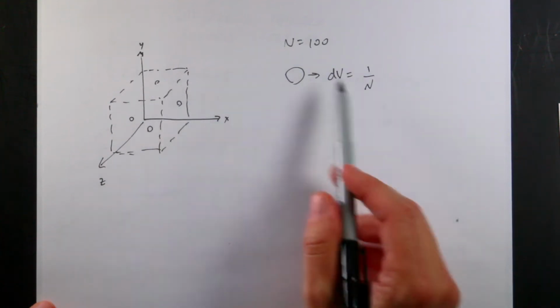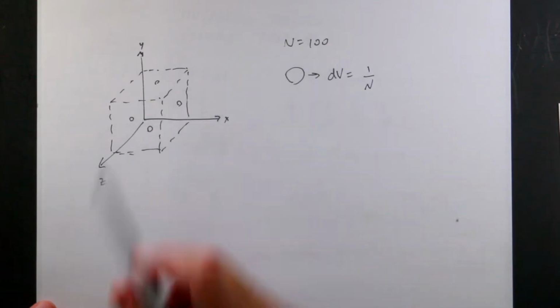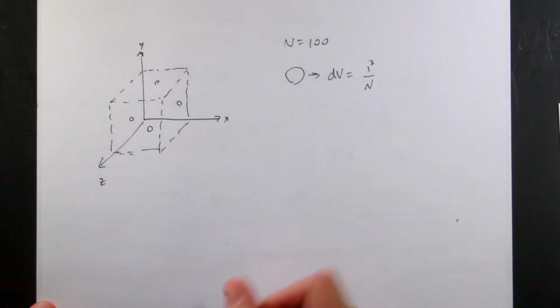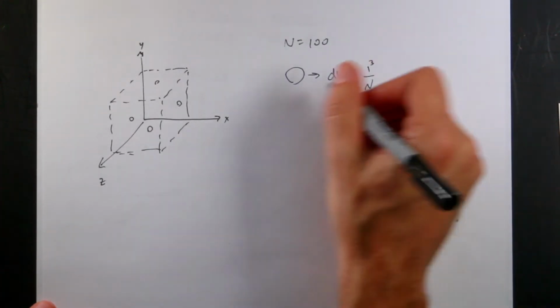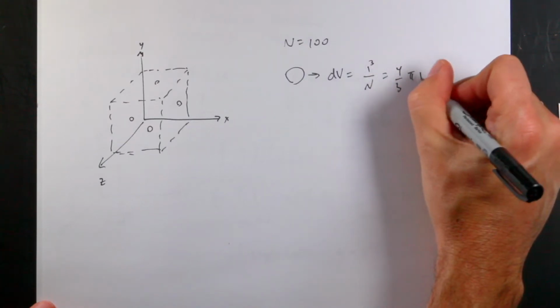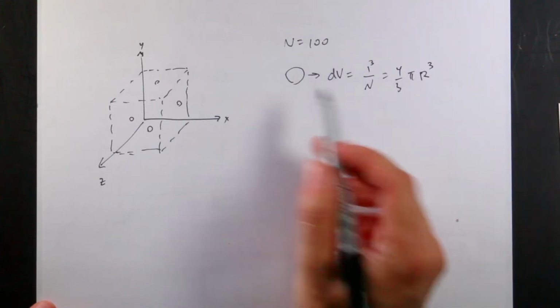At the end of the day, when I add up all the volumes of these spheres, I get the volume of the whole cube. That's why it's 1, 1 times 1 times 1, so 1 cubed. Then I can draw them with the correct radius, because the volume of a sphere is 4/3 pi r cubed, where r is the radius of that sphere.